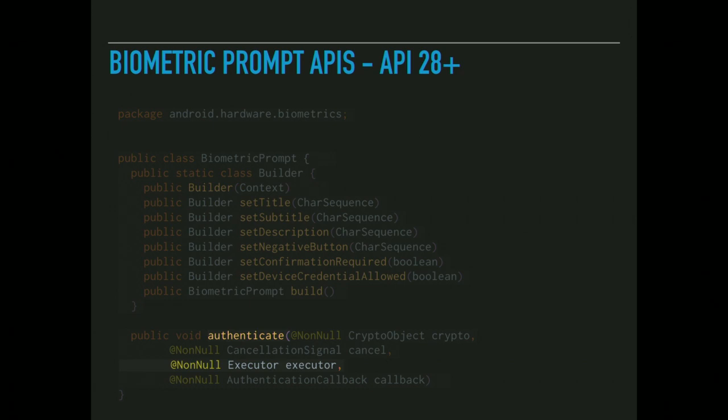A handler is an Android-specific construct that gives you a way to post messages to a looper thread, which is a very Android-specific thing. Executor is a Java thing, so it's a little bit easier to test in JVM tests and use outside of an Android context as well. But it's a similar thing: it specifies the thread on which your callbacks are going to happen.